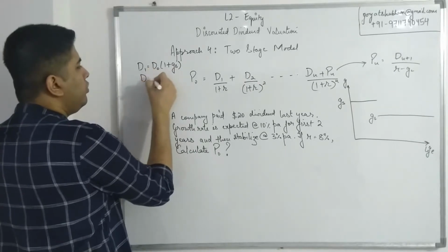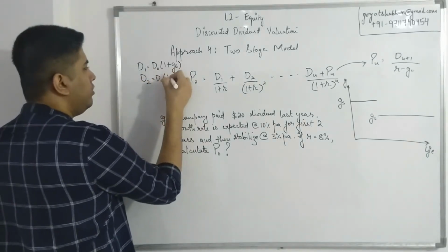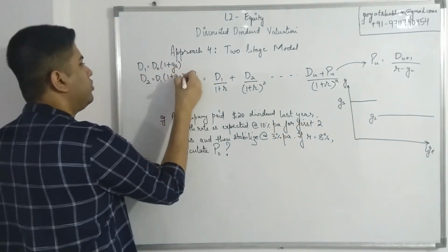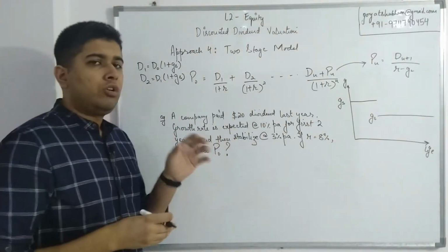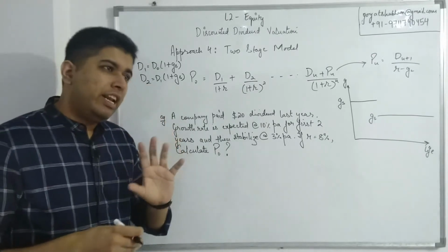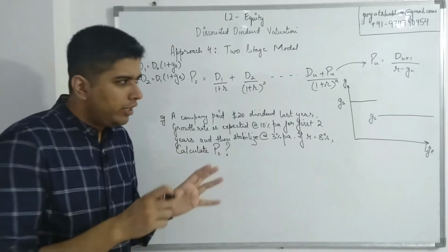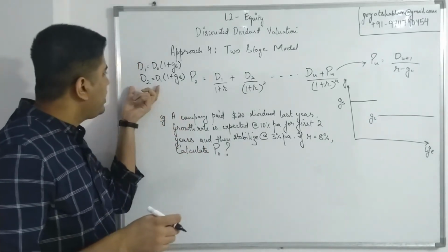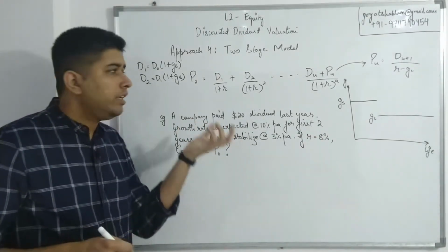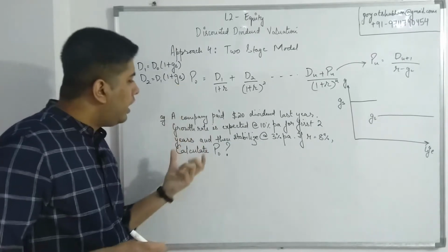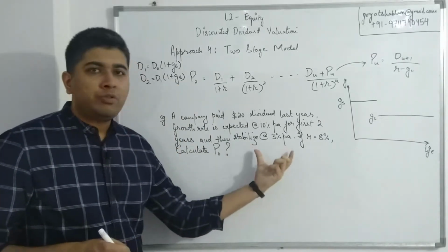Then D2 would be D1, 1 plus short-term growth rate. Basically, you don't have to focus on short-term or long-term in an arbitrary manner. Rather, just think logically. The dividend is being given in second year. If second year has the short-term higher growth rate, we'll use that. In our question, the stable rate is starting from third year onwards.